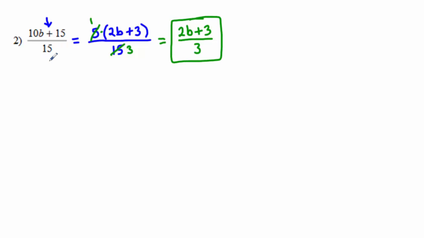Now, we need to look back before we canceled, and we need to say on this one, there isn't a letter on bottom, which means there are no restrictions. So in that blank, we would say either NA for not applicable or none, or I would be fine with you leaving it blank even if there really isn't a restriction, like in this case. And that was because there's not a B on the bottom anywhere in our problem.